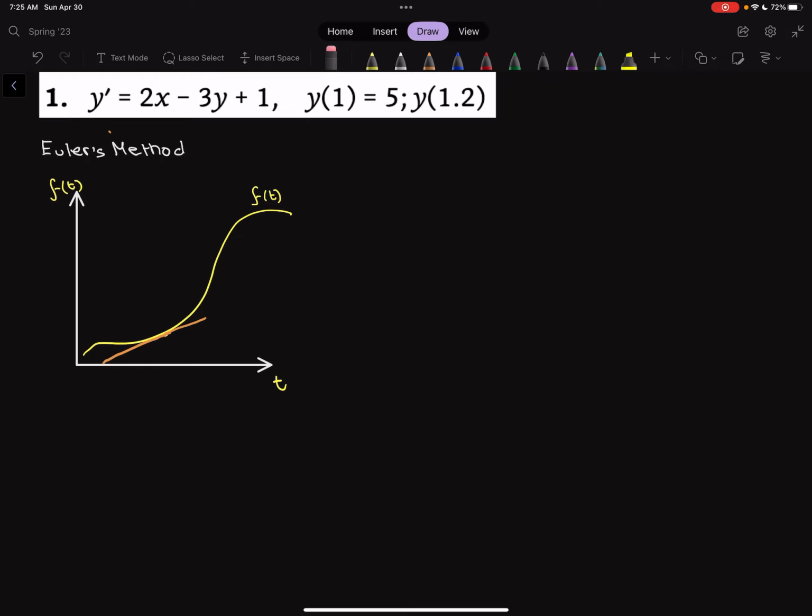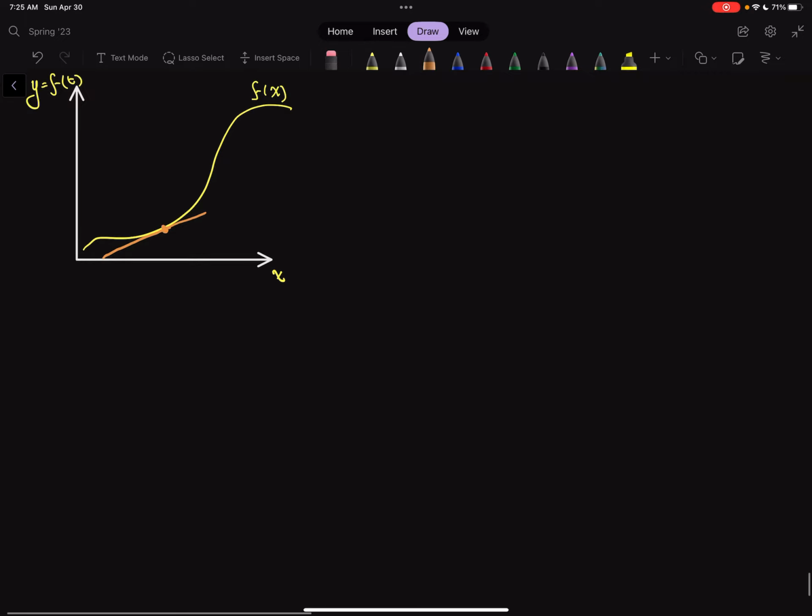That's the slope of y. And we can say that this is y. And to be even more precise, we'll say that this is x. So when I have this, how do I get the slope at this point?